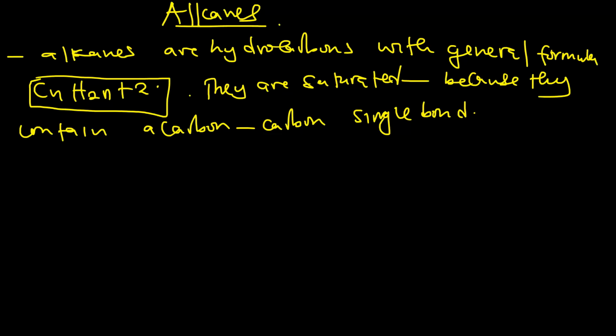Now at this point, it's very important to understand how many bonds a carbon forms. A carbon forms 4 bonds. So around a carbon there is room for 4 bonds. In alkanes, you find that all 4 bonds are occupied by hydrogen, since these are hydrocarbons.